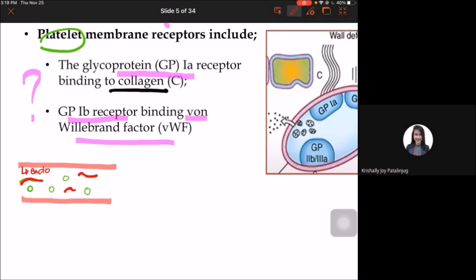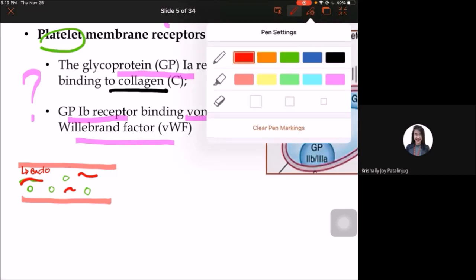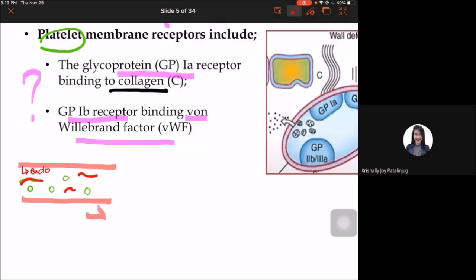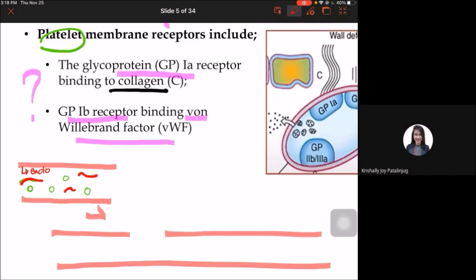Okay? So may sira sa endothelium. Kumbaga nabutas yung endothelium. Now, kapag nasira ang endothelium, so let's say, i-magnify ko siya ha. Magnify na to na may sira sa, ayan, endothelium.